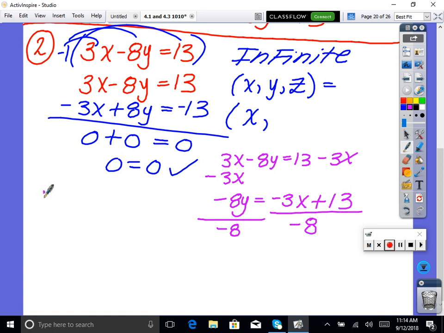So y equals, let's split this up because that's how we write lines, mx. A negative and a negative become a positive, so we have 3/8 x. Then positive divided by negative is a negative, so minus 13/8. So instead of writing y, we write 3/8 x minus 13/8.